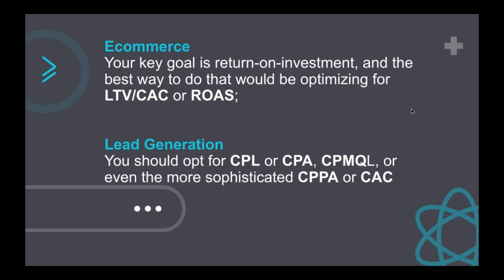If you're an e-commerce, then start with ROAS, and if you feel wild, embrace LTV to CAC. If you're in a lead gen business, use CPA or CPL, two different names for the same thing, as a starting point. If you want to get more sophisticated, move to CPPA, aka CAC. So these are the two macro guidelines on how we can pick the right North Star.